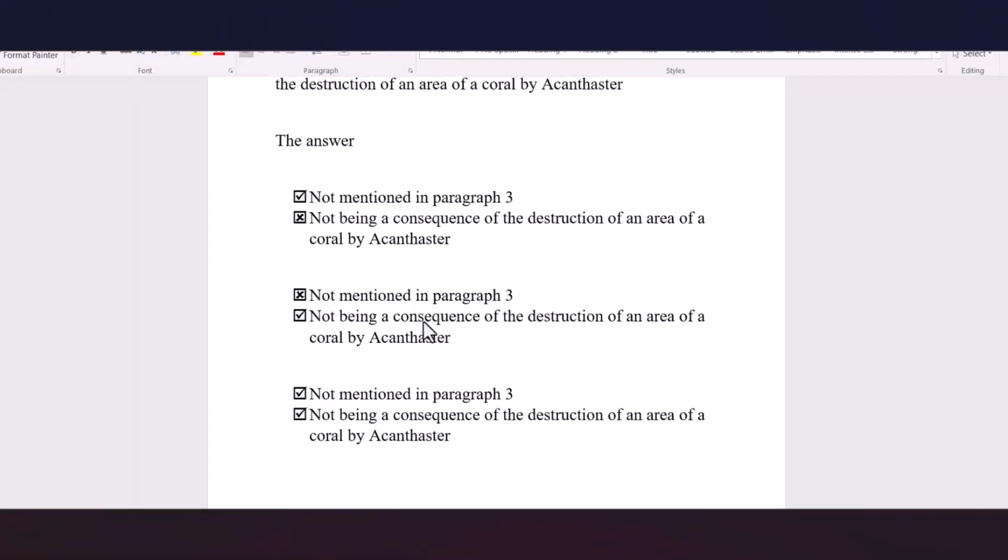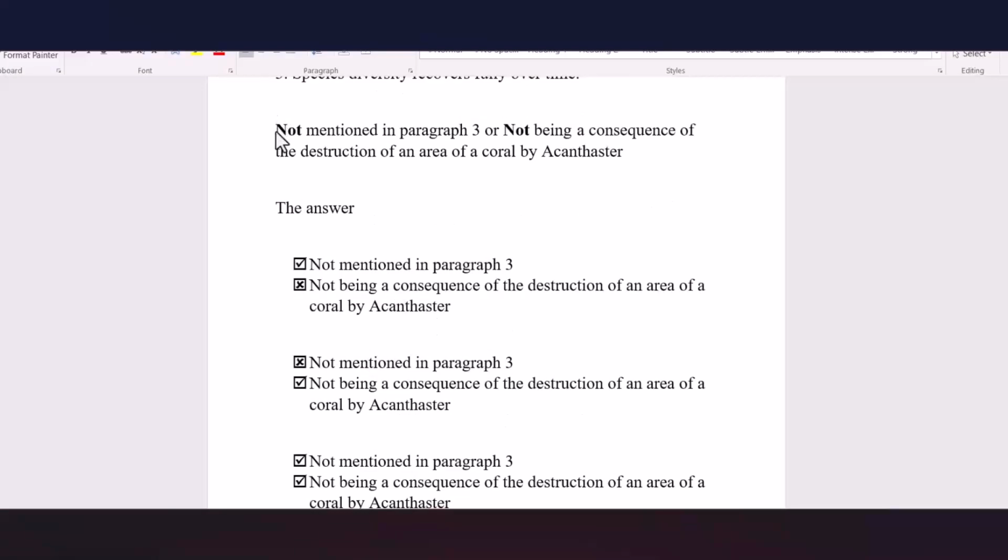As a result of the destruction of that coral area by attacks from acanthasters, we will see that the areas subject to attacks that are now destroyed can be colonized by algae. So it doesn't take this option and that option, so we cannot live up to this condition, and it is not an answer for our question.